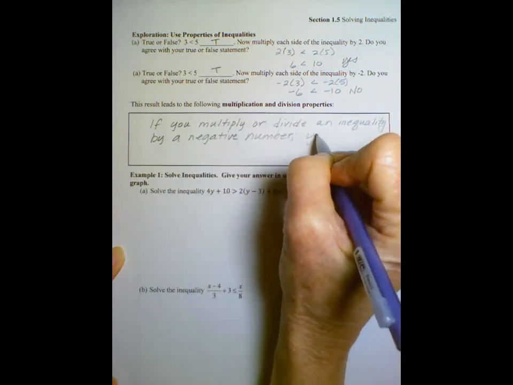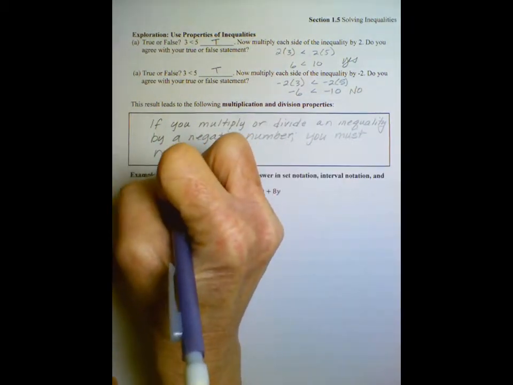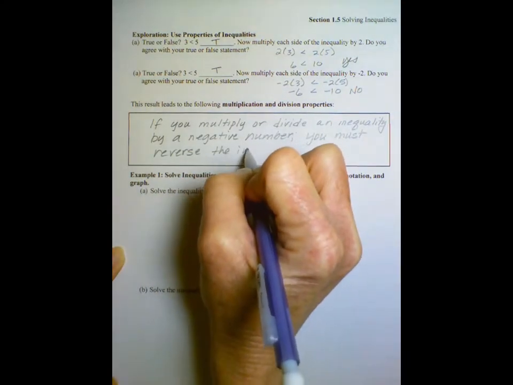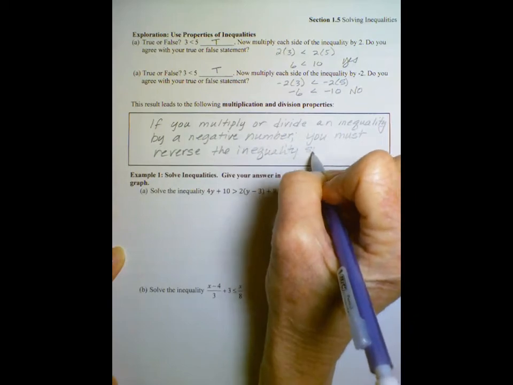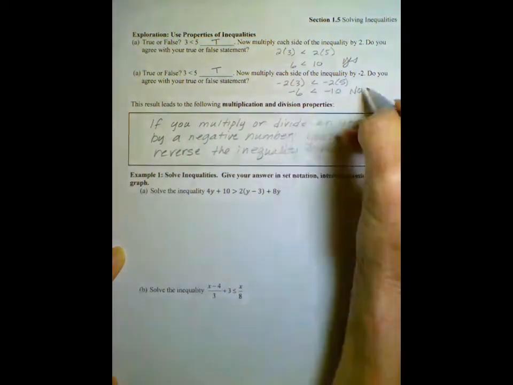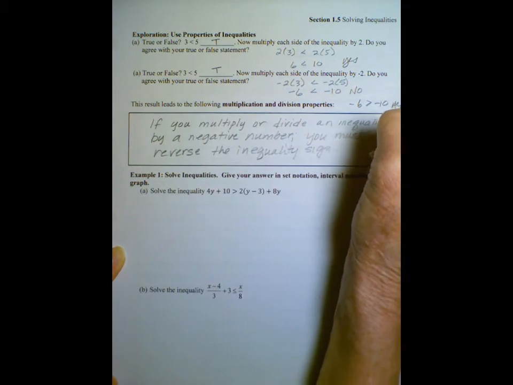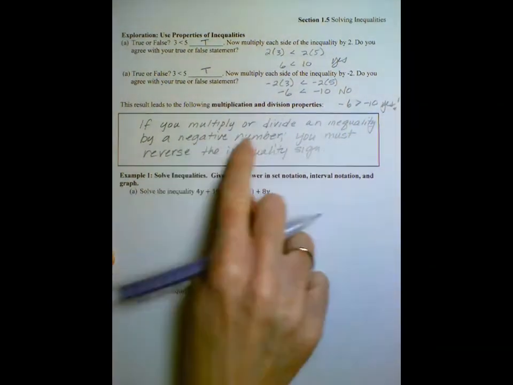You must reverse or switch, whatever word you like for that, the inequality sign. So if we go back up here and we switched it to -6 greater than -10, then we would have said yes, right? So that's what we have to remember.